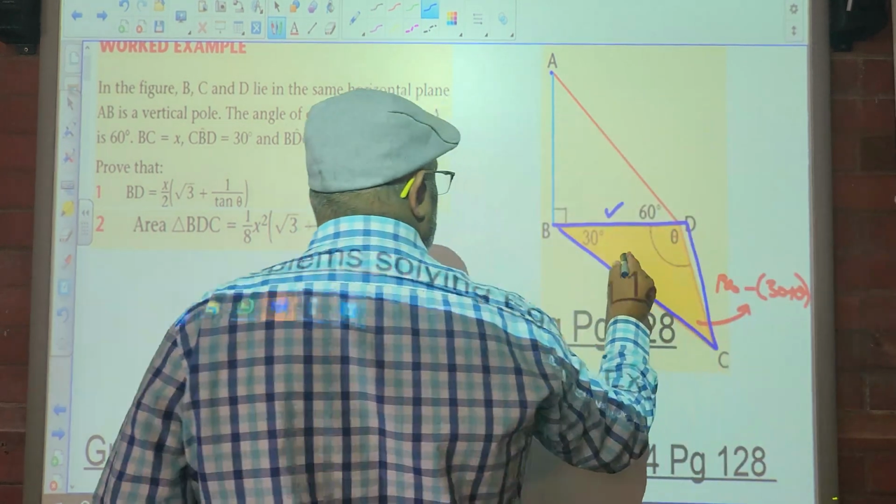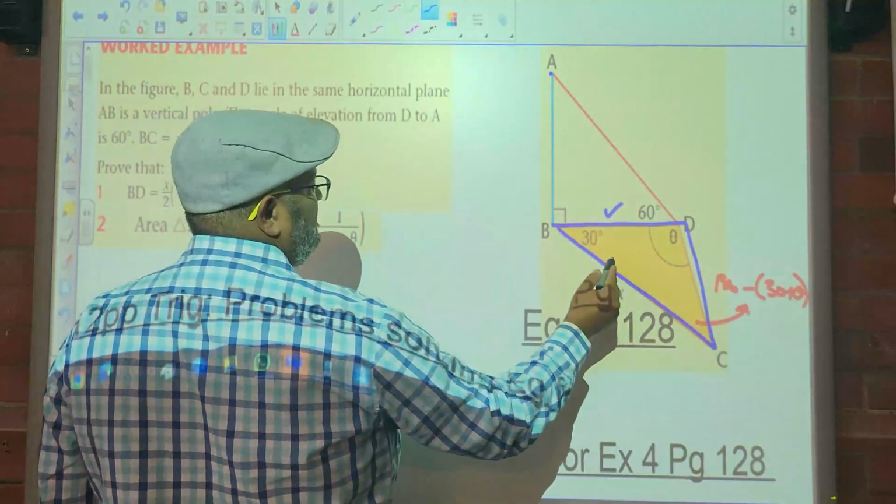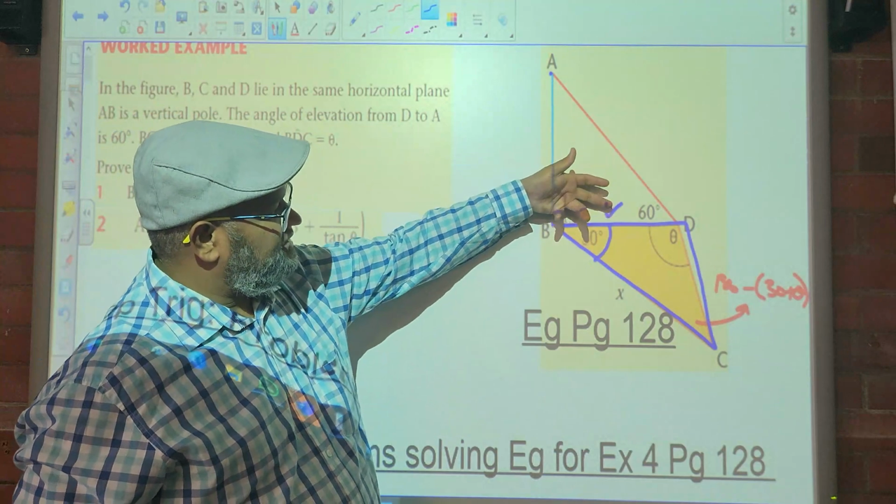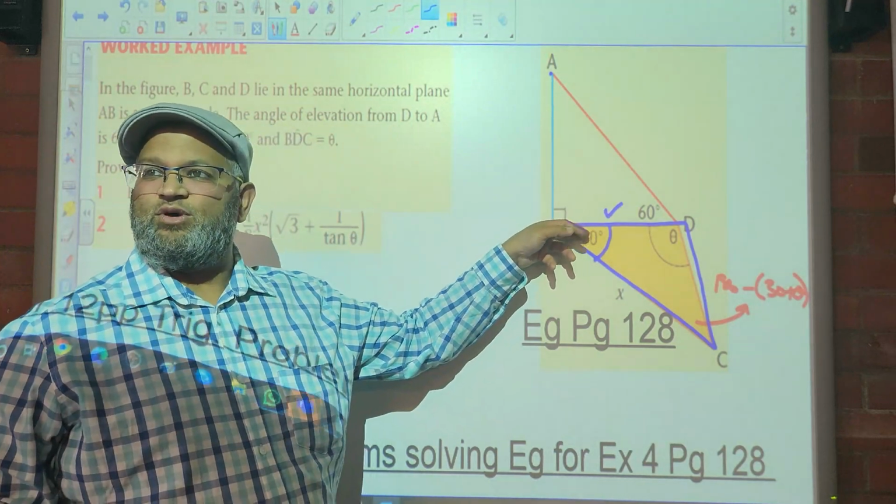So for us to use the area formula, I need 2 lengths and the included angle, which I do have.